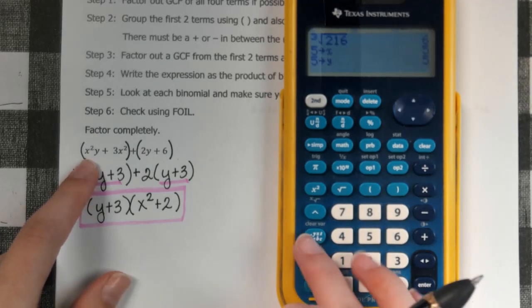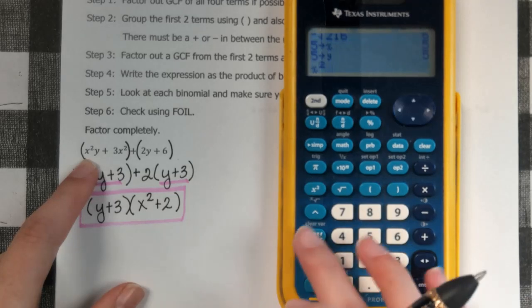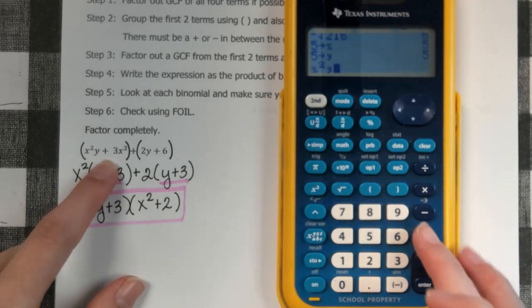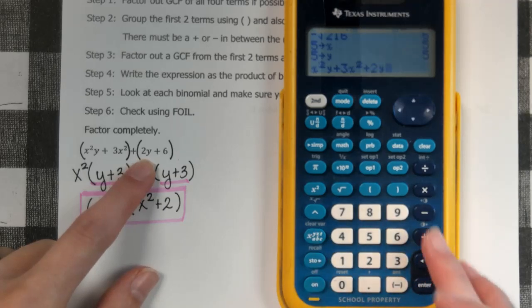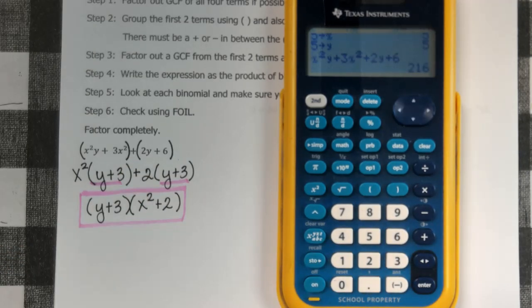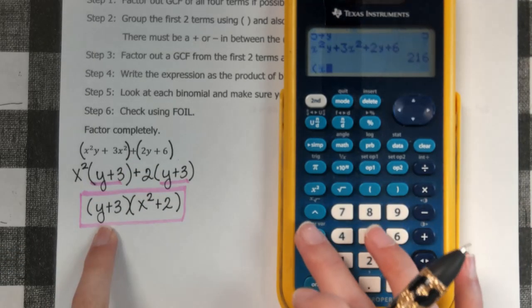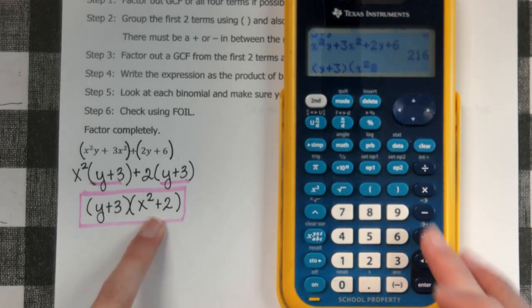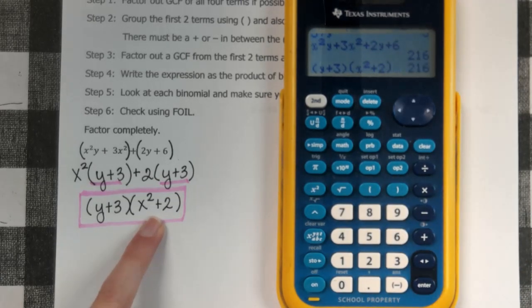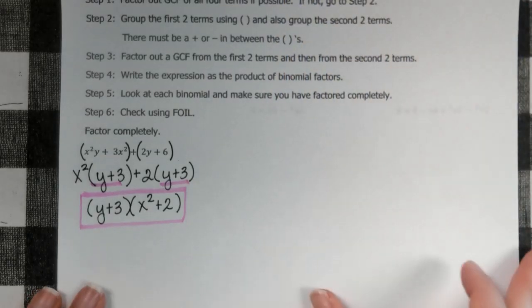You do x squared y plus 3x squared plus 2y plus 6, and you get a random value. Then if you do y plus 3 times x squared plus 2, you get the same value. Are you good with that?